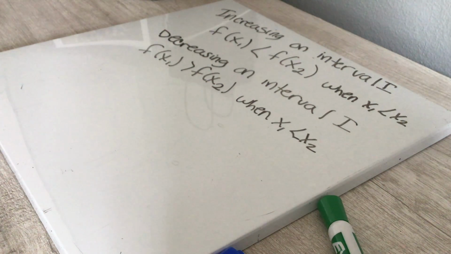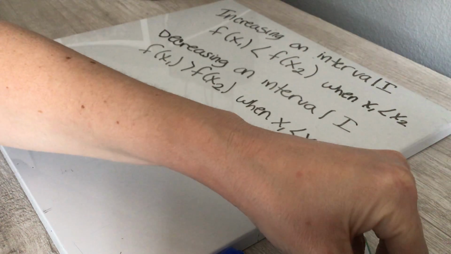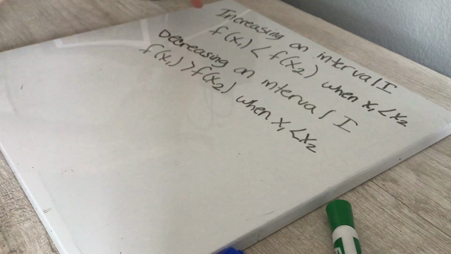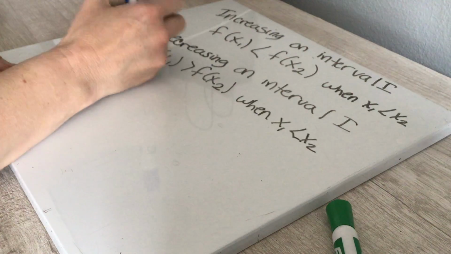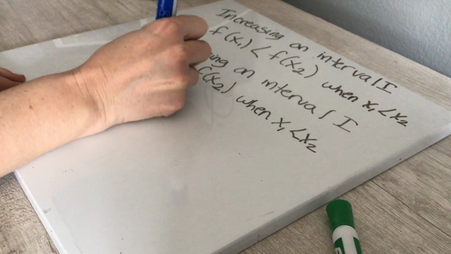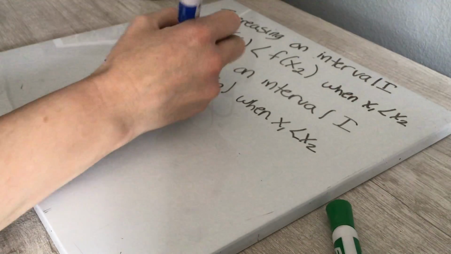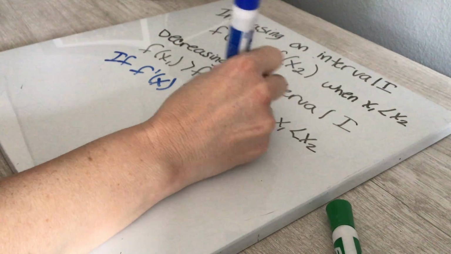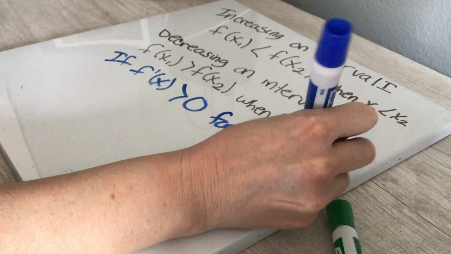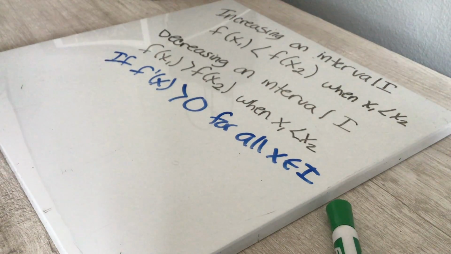But in calculus, we can often use the derivative to check to see if a function is increasing or decreasing. Some functions aren't straightforward, so it's not as easy to decide by using this definition. By using the derivative, what it's telling us is that if f prime of x is greater than 0 for all values of x in your interval, then the function is increasing.